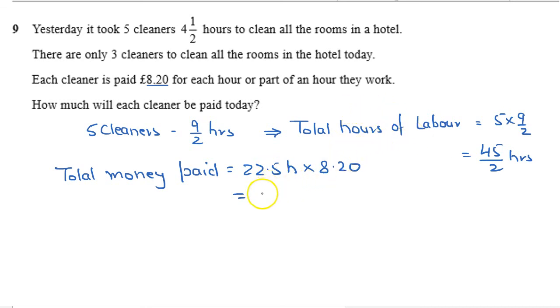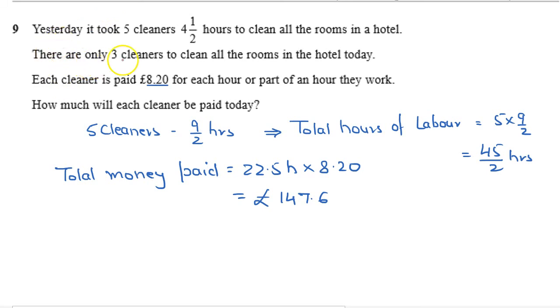So total money paid in sterling pounds is 147.6. 5 cleaners work 9.5 hours. So total number of hours they work is 45 over 2, that is 22.5. For each hour they are paid 8.20. For 22.5 hours they are paid 147.6.